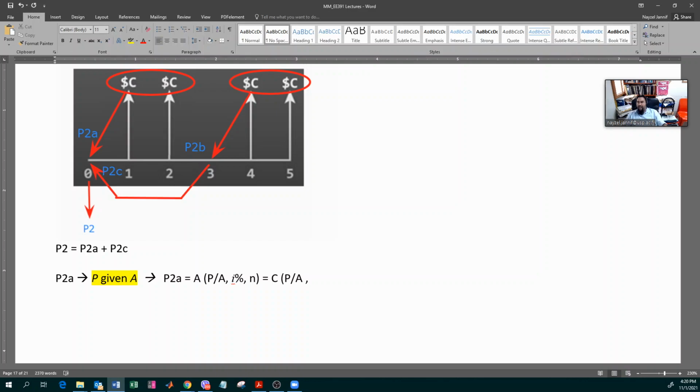What is the I over here? I is how many percent? 12%. And what is the N? How many years are we discounting those two annuities? 2. Yeah, we bring it down by 2. All right.